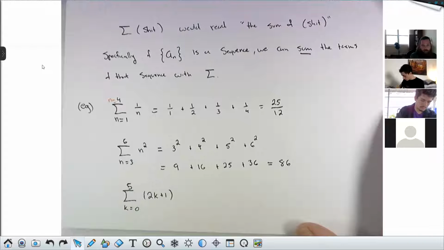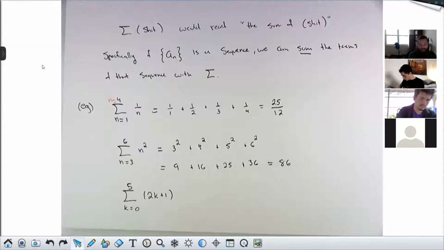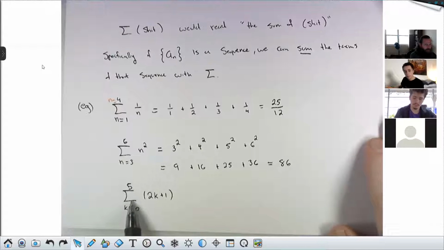So I'm changing the variable. The variable is called the index of summation. We're going to do the same thing. This is the sum of 2k plus 1 taken from k equals 0 up to k equals 5.